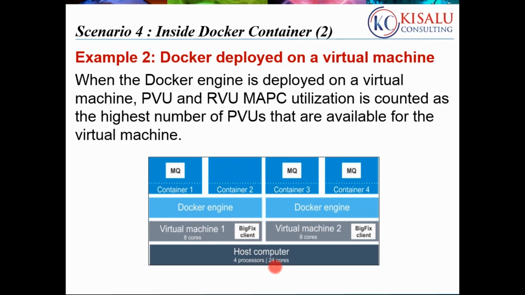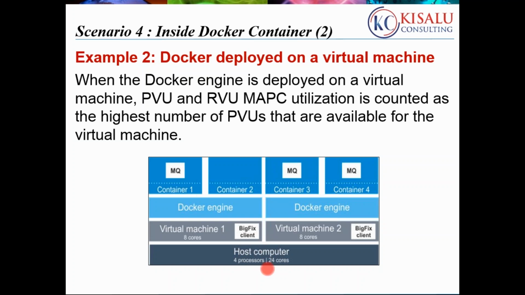We're coming back to the previous situation where we were going from physical machine to 2 split virtual machines. For each machine now, they're running the Docker engine, and on top of the Docker engine, they're now running containers. If we have to count how the software will have access to the cores, here there is a clear split.